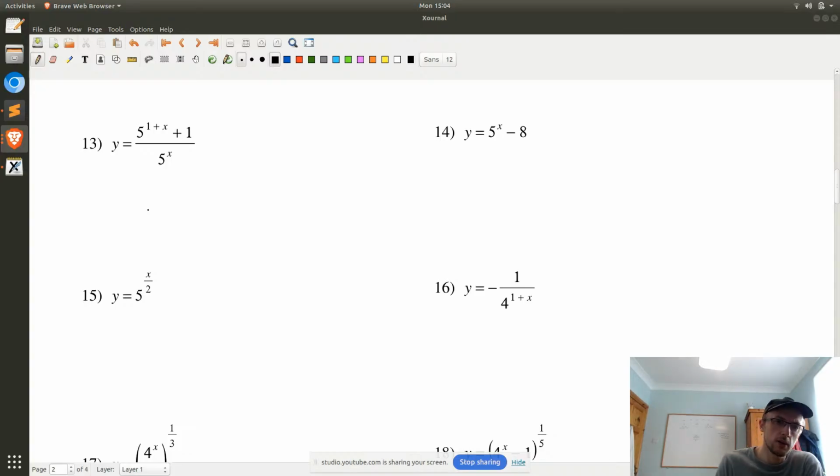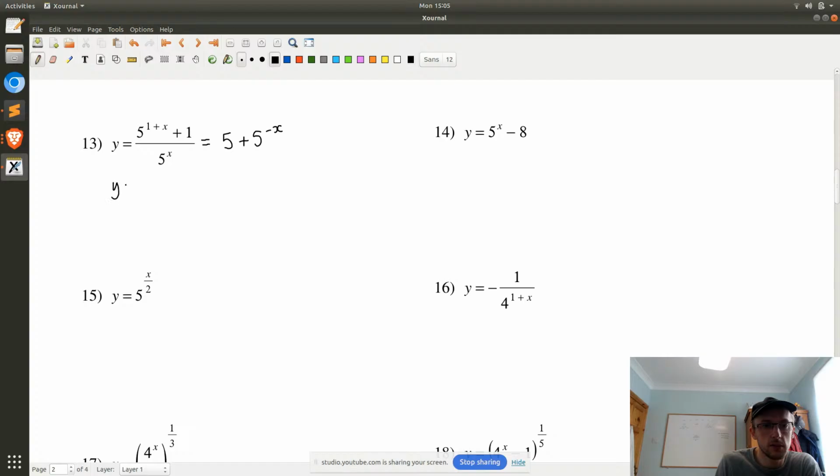Well, you split the fraction into 2. So you notice that that's 5 to the 1 plus x, all divided by 5 to the x. So that's 5 to the 1, or just 5, plus 1 over 5 to the x, which is 5 to the negative x, like that.